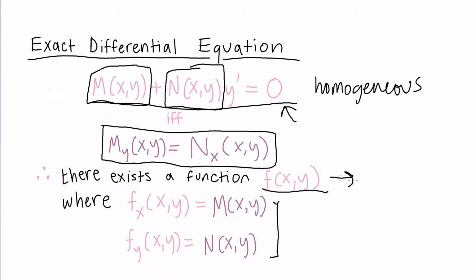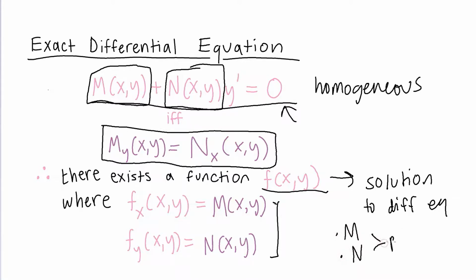So this is our solution to the diffy q, and M and N are the partial derivatives. So that is all the information. If this seems confusing to you, I think if you do problems, and I will do a problem right now, everything kind of clicks, and it really is beautiful how it all works together.